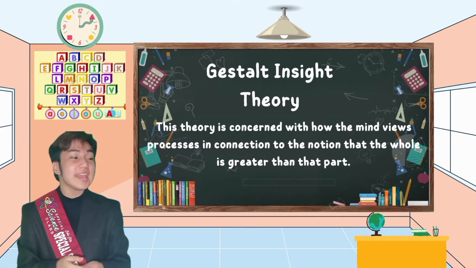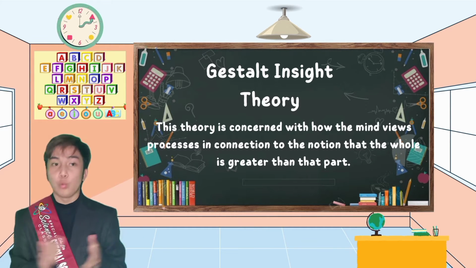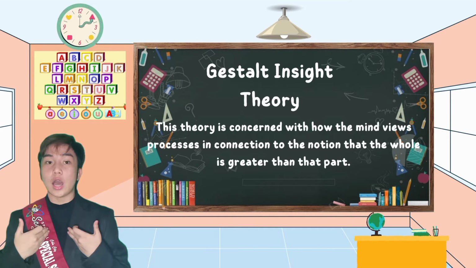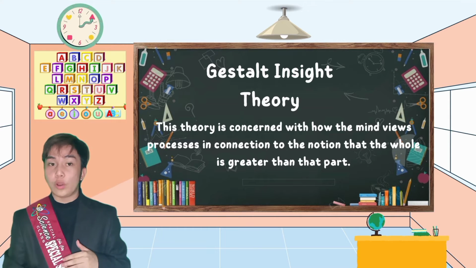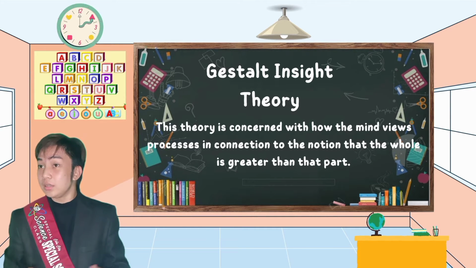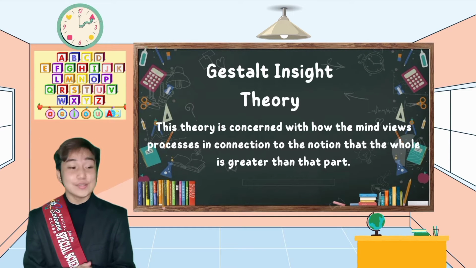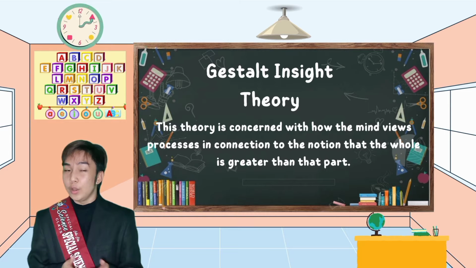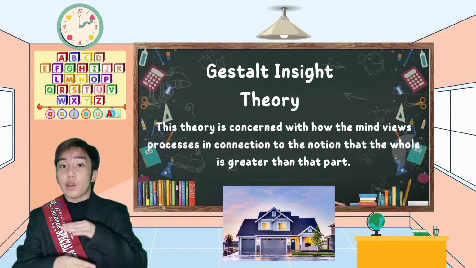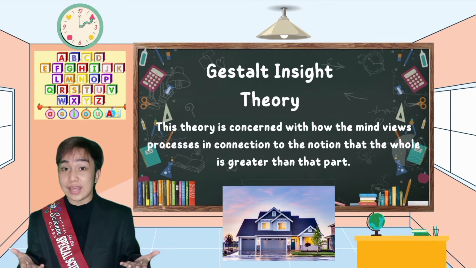The theory is based on the concept of grouping, where the properties of stimuli cause us to interpret a field of vision in a specific way. For example, when describing a house, we can say that its parts are doors, windows, and ceiling.